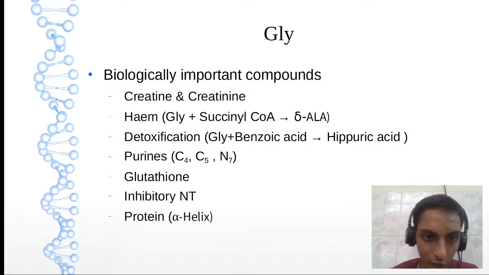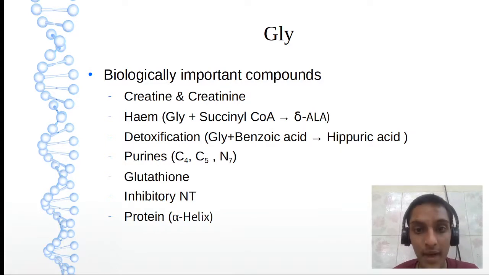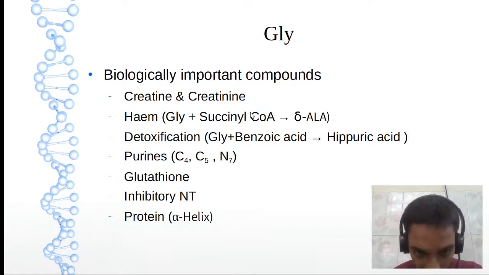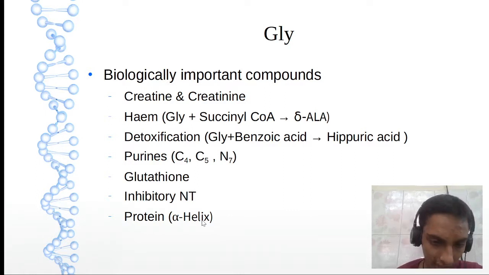Now, what are the biologically important compounds from glycine? We have creatine and creatinine. Then we have heme, detoxification, purines, glutathione, inhibitory neurotransmitter and part of protein.